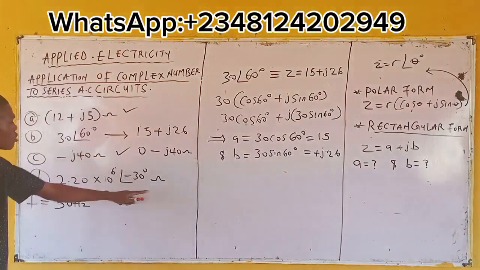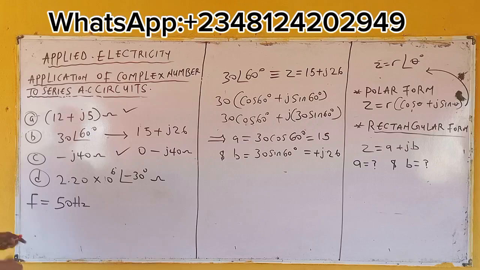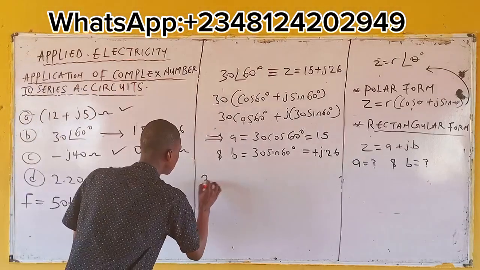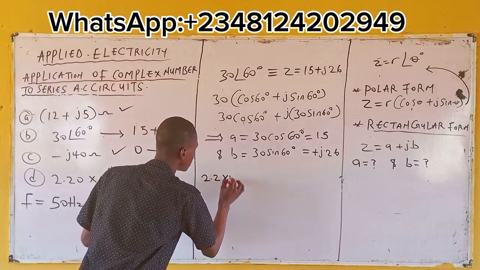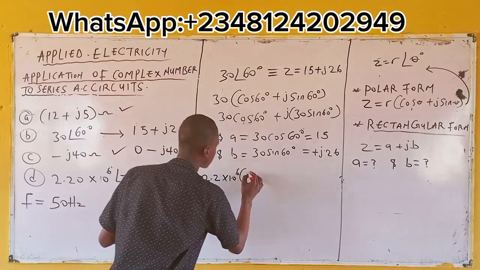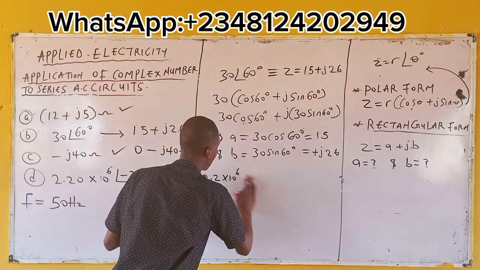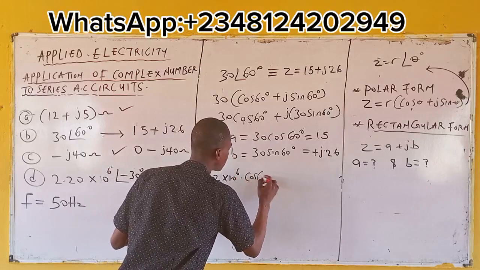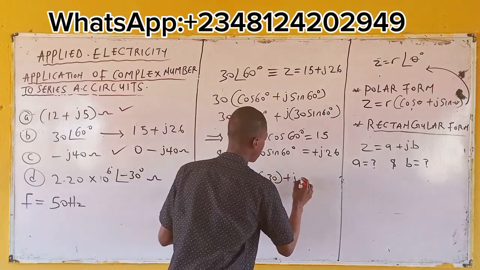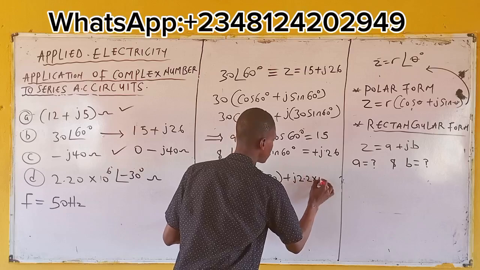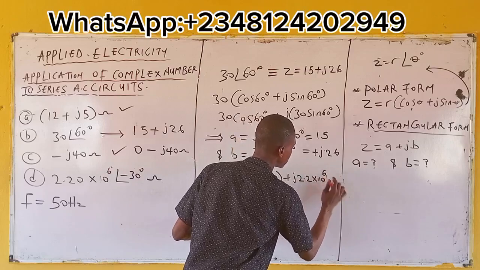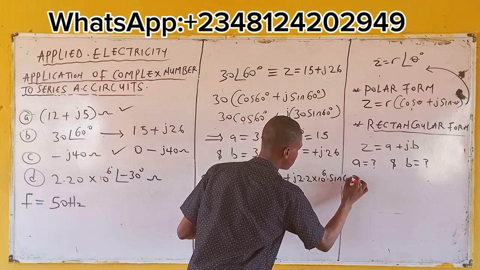Now, lastly, let's convert this also. Converting D, meaning 2.2 times 10 raised to the power of 6 all in bracket cos negative 30, right, plus J 2.2 times 10 raised to the power 6 sine negative 30.